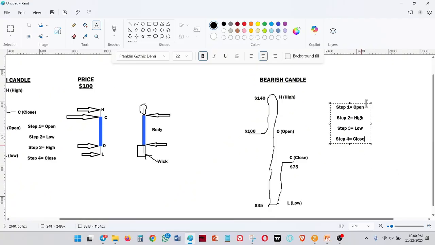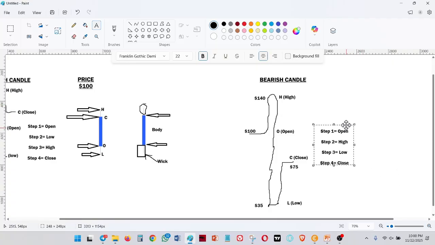So if you look at it carefully, do you see the difference now between bearish and bullish candle? Do you notice the difference between the steps? The difference is only between step 2 and 3.